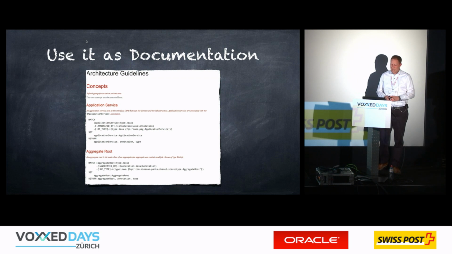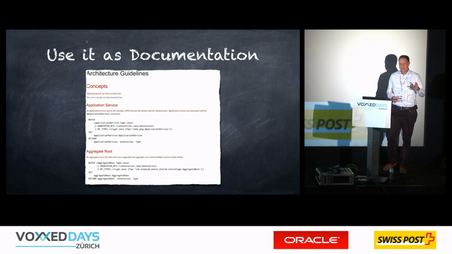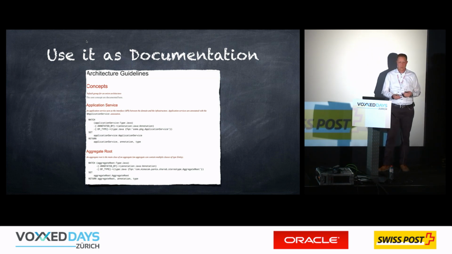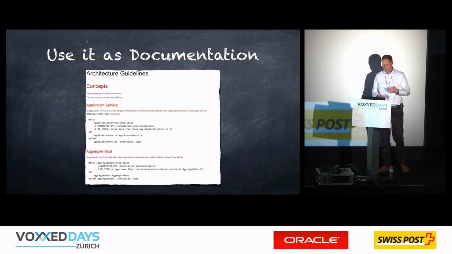And what's really, really nice with JQ Assistant is that you can define these rules in an ASCII document. So as an architect, you can say, okay, these are the concepts in my application. I have application services, I have aggregate roots. You can write some text to this concept to describe what's this concept.